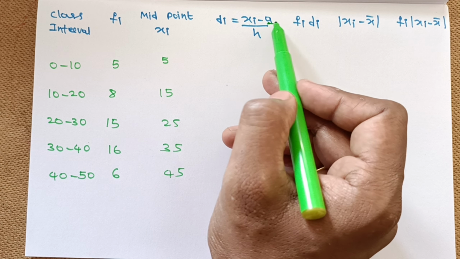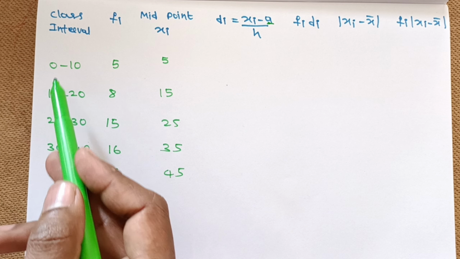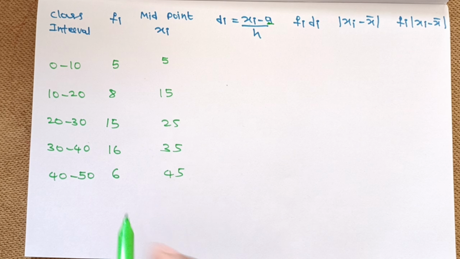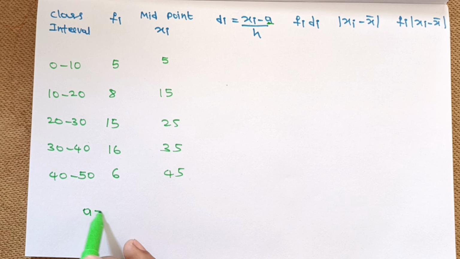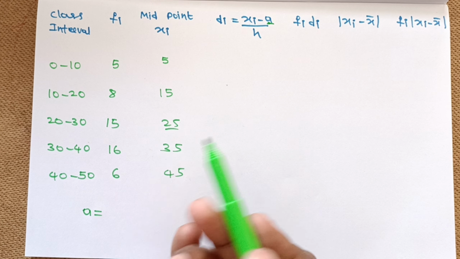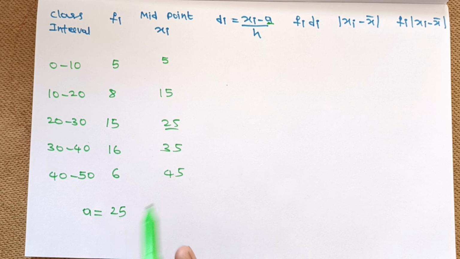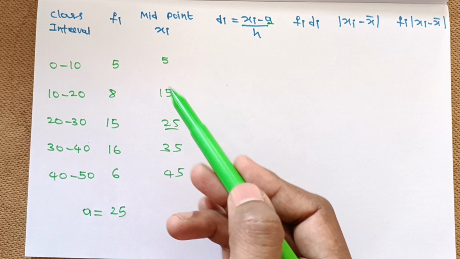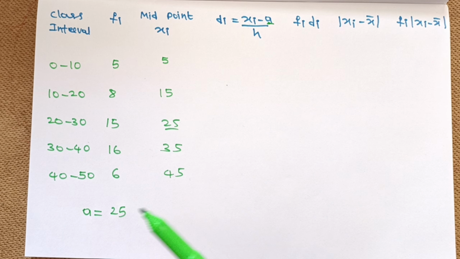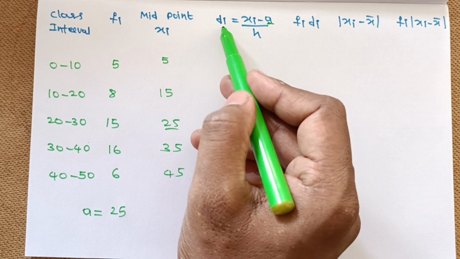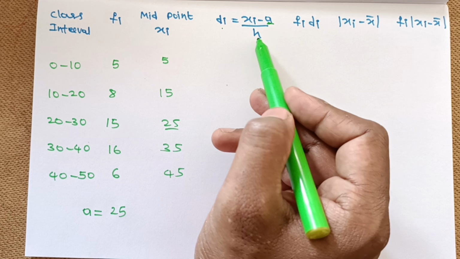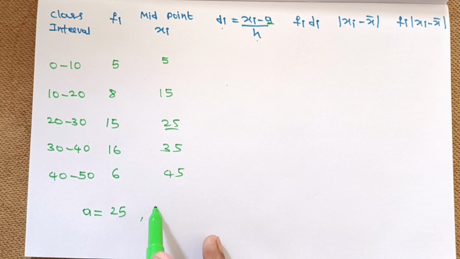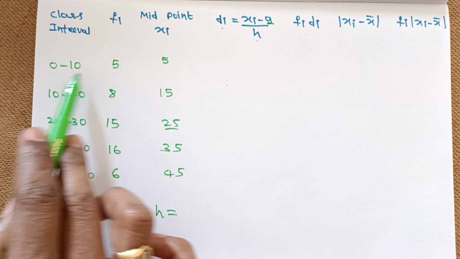So first we take the assumed mean. We can take any midpoint of the class interval as the assumed mean. For example, let us consider the assumed mean is 25. Not only 25, we can consider either 5 or 15 or 35 or 45, anything. Now we find di values, xi minus a divided by h. And h is the length of the class interval.